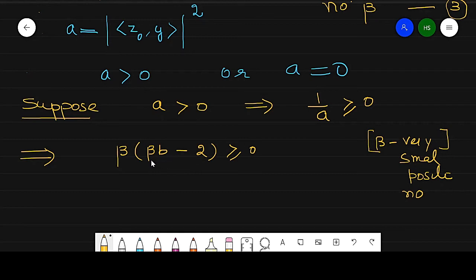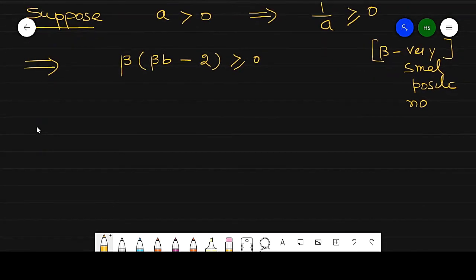If I take, for example, beta, suppose b is equal to 1. So just to understand, I take a general term b is equal to 1.